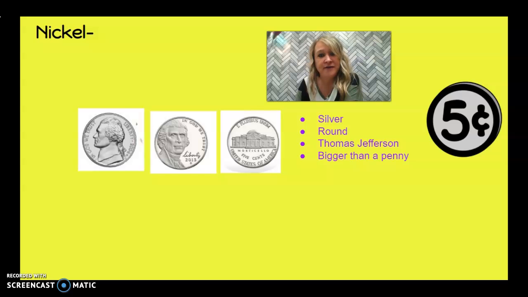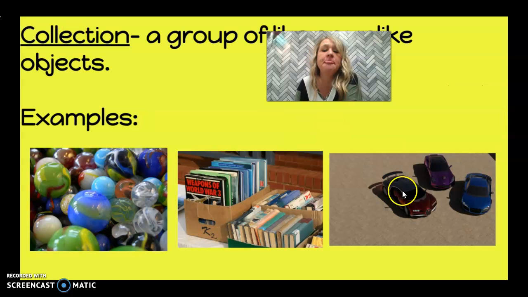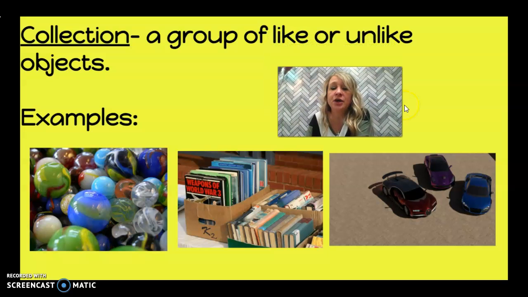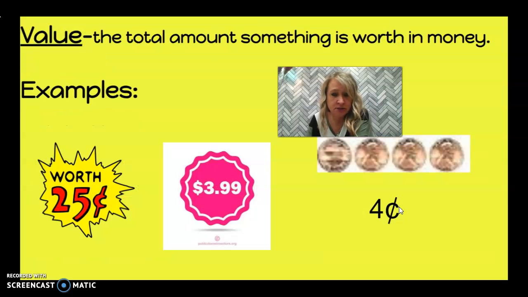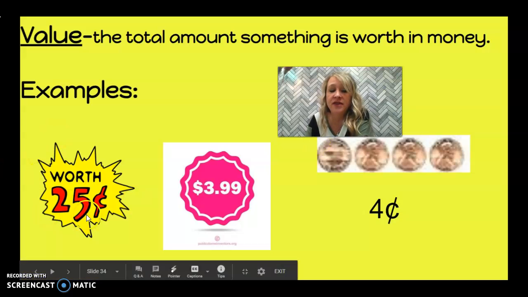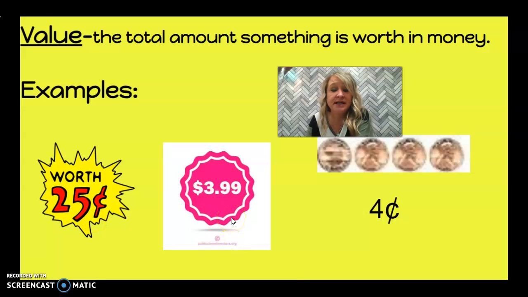That's worth 5 cents. You learned that a collection is a group of like or unlike objects, such as marbles, books, or cars. And that the value is the total amount something is worth in money. So the value of this is 25 cents. The value of this is $3.99.